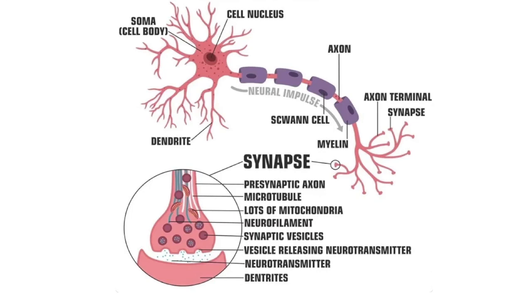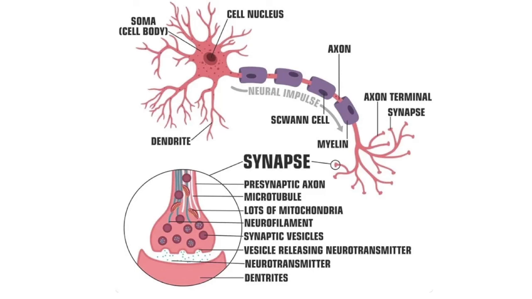And you can see right here is a general neuron, which is a nerve cell. And you have the cell body, which is the soma with a nucleus inside.